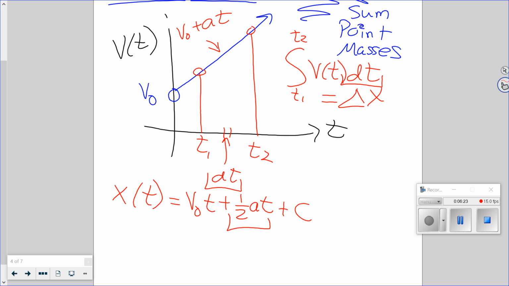When we went from a straight line increasing to quadratic, what we actually did was slice these into little strips of width dt. Did you do this in calculus, the little slices? Because you might have some crazy function, it might not be a nice physics function.